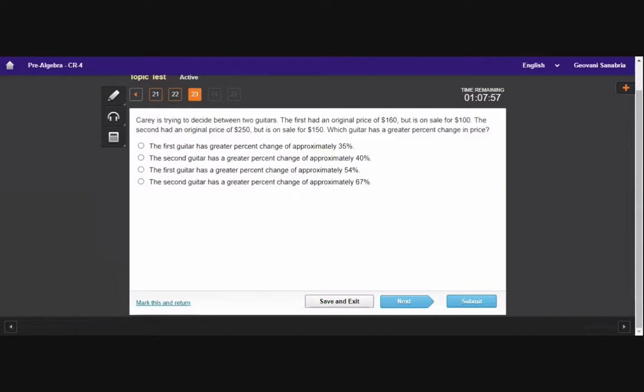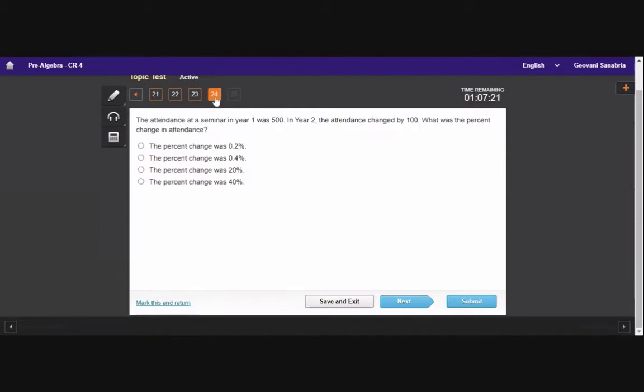Or no, let me see. So that'd be the first one. Yeah, it'd be the 40%. So what did you do? The same. I just minused the 40% from the 250 and got 100 off. Cool.